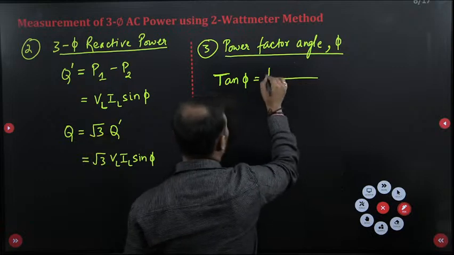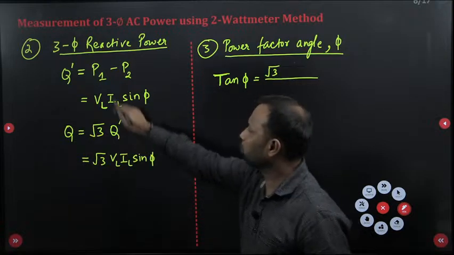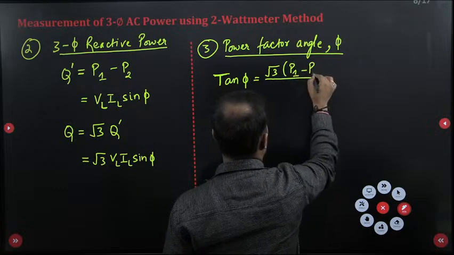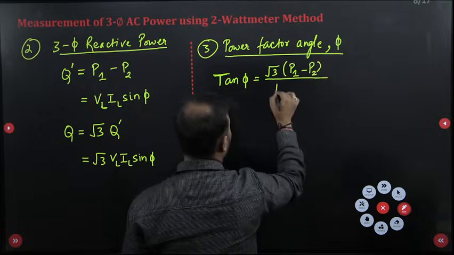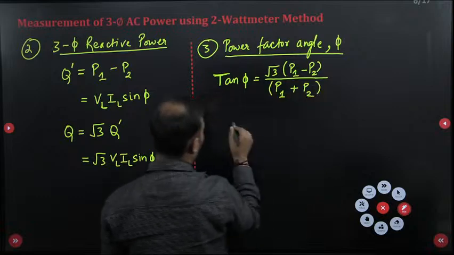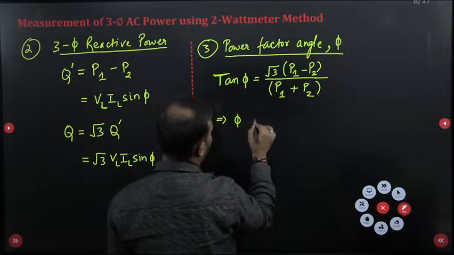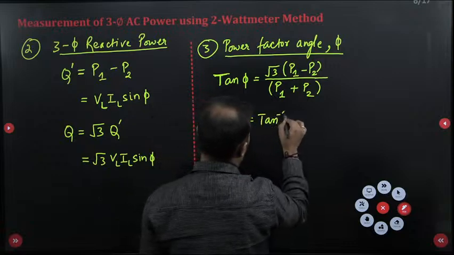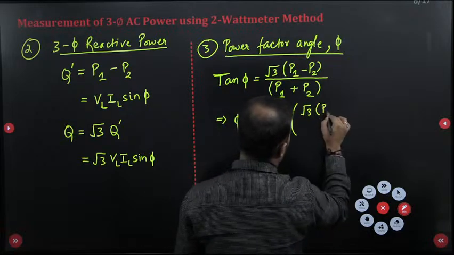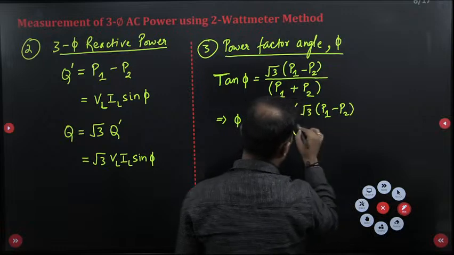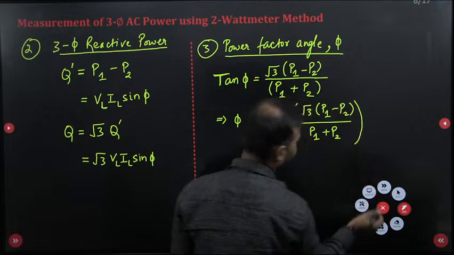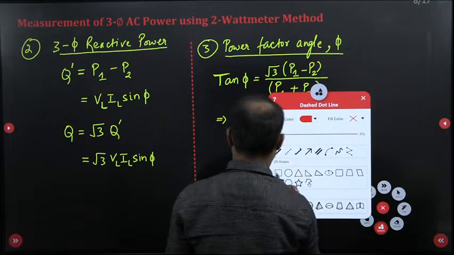Root 3 times of Q dash, which is P1 minus P2, divided by real power, which is P1 plus P2. So from here we'll get phi, which is equal to tan inverse of root 3 times of P1 minus P2 whole divided by P1 plus P2. This formula is very important.